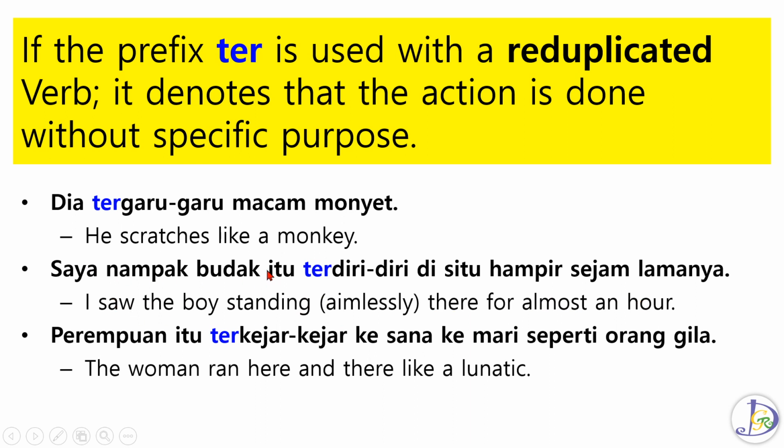I saw the boy standing aimlessly there for almost an hour. Se means satu, one hour. Perempuan itu terkejar-kejar ke sana kemari seperti orang gila. The woman ran here and there like a lunatic.